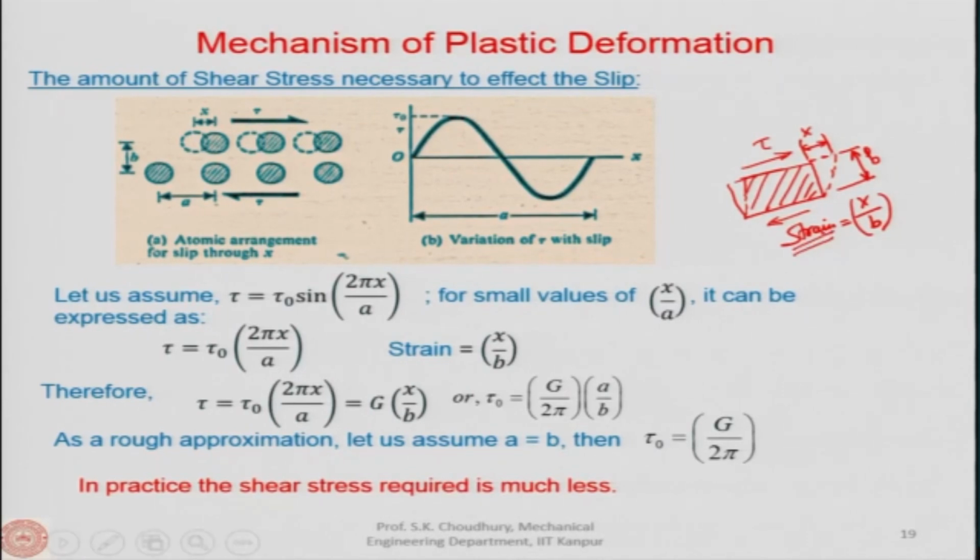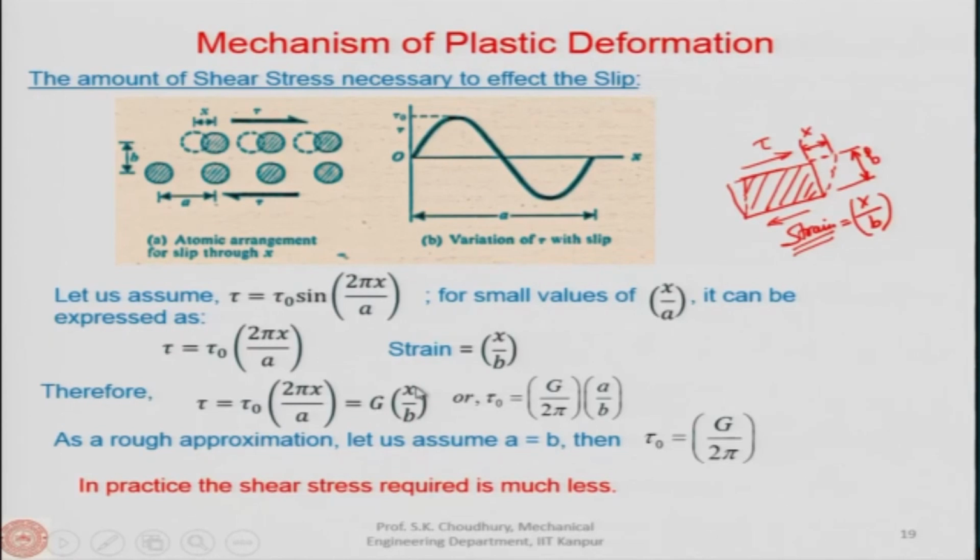So, in this case also, as you can see, the strain we have written as x, which is equivalent to this, divided by b, which is equivalent to this distance. Therefore, this shear stress for small values of x by a, this 2 pi x by a, is equal to strain into the Young's modulus or the strength of the material.